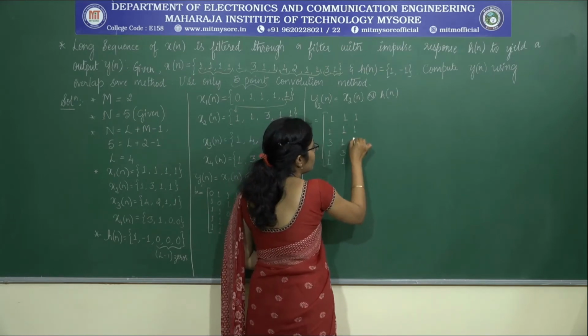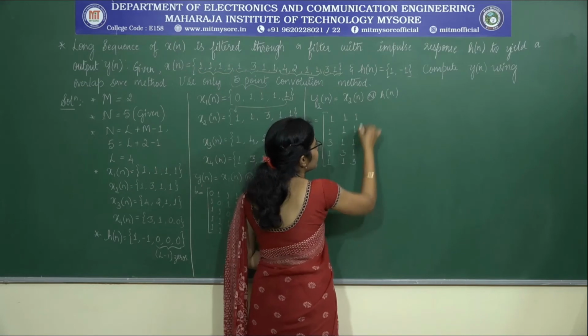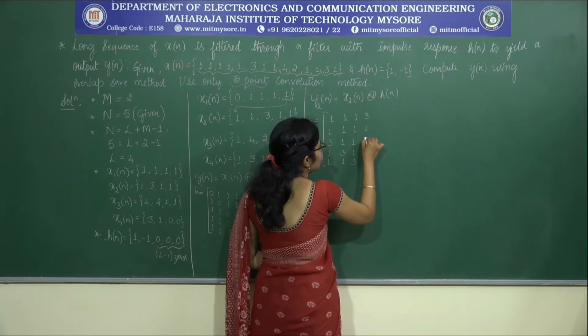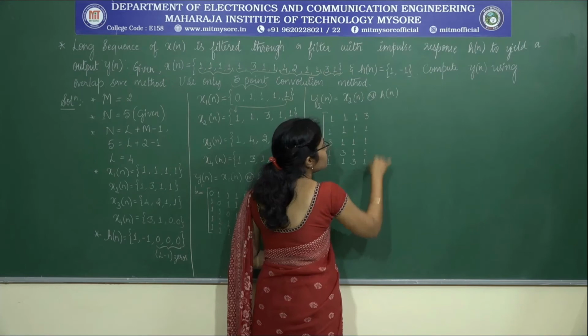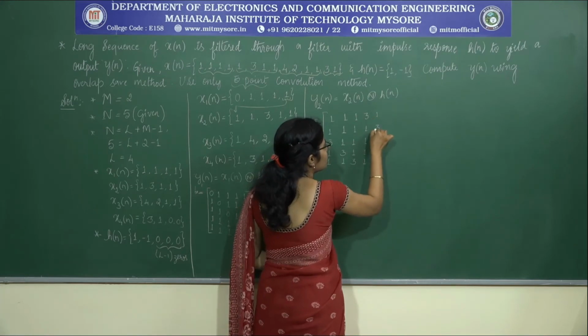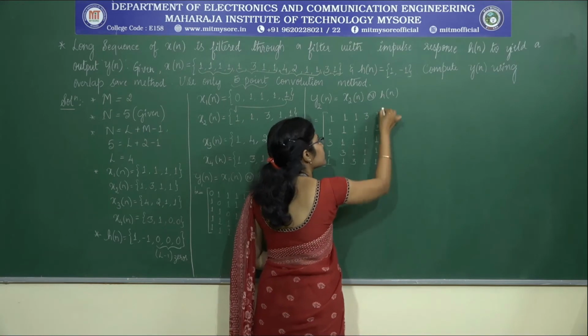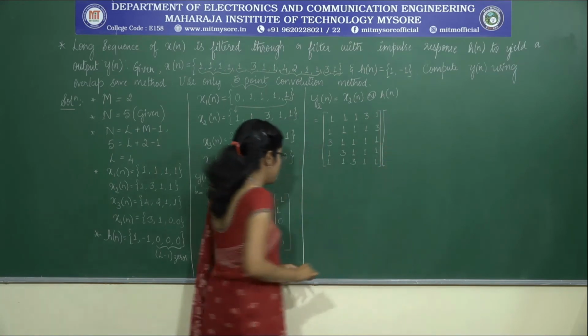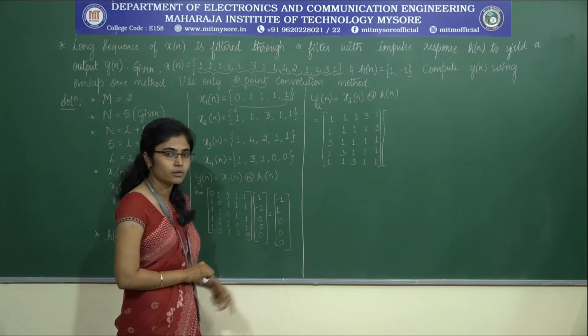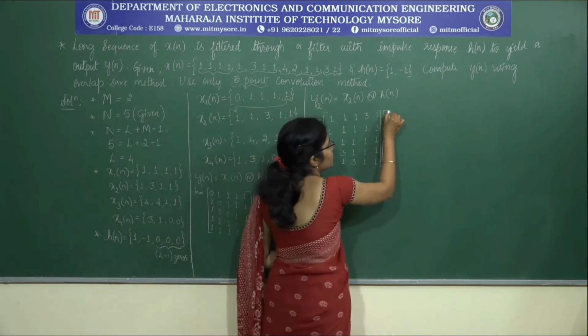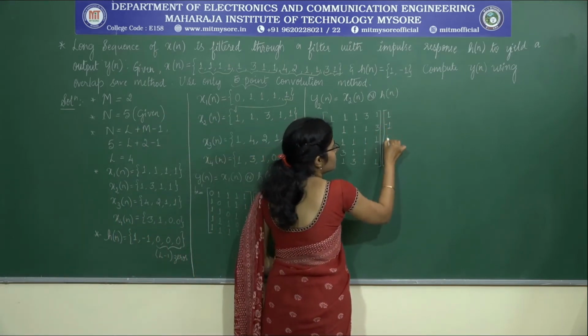Again it is 1, 1, 1, 1, 3. Shifting gives you 3, 1, 1, 1, 1. Shift it again, it gives you 1, 3, 1, 1, 1. So what is h of n? H of n is nothing but 1 minus 1 triple 0. So write down 1 minus 1 triple 0.